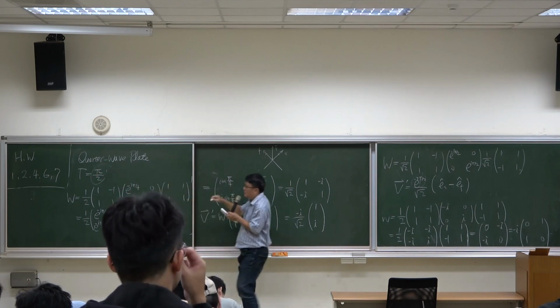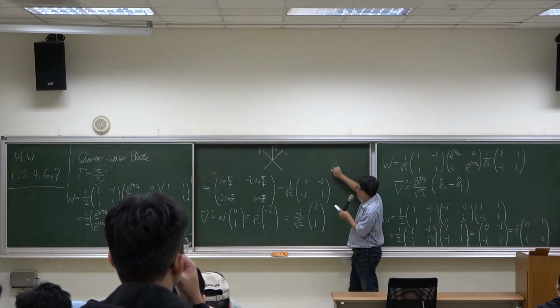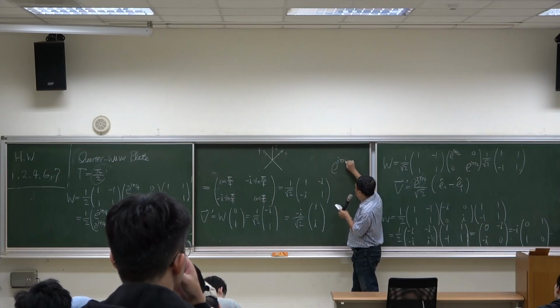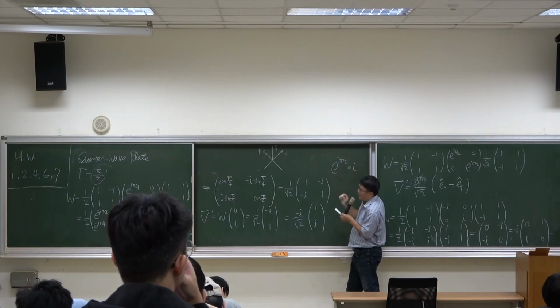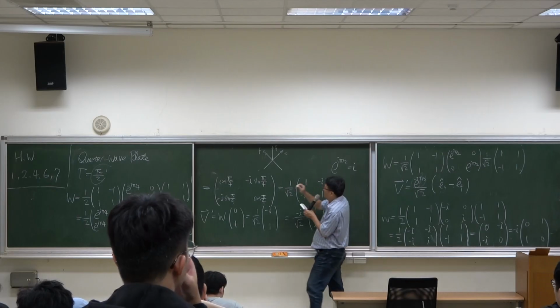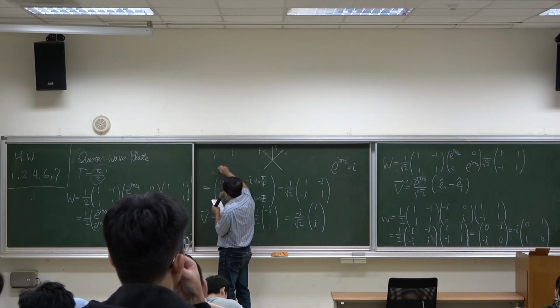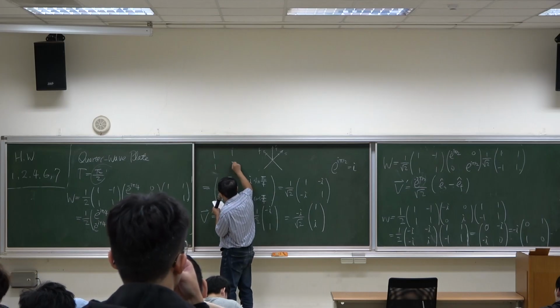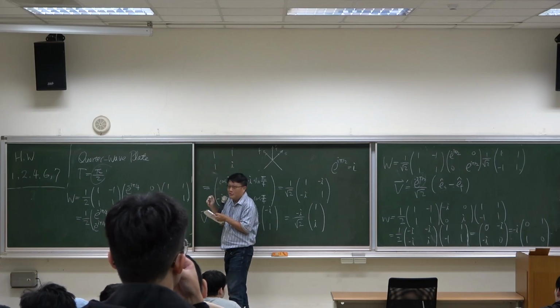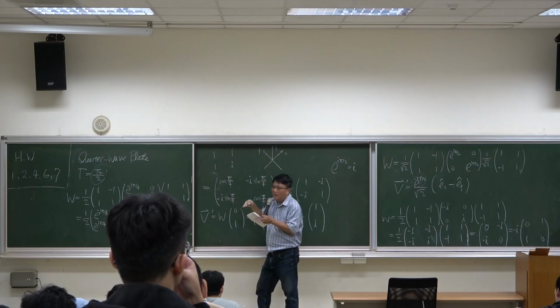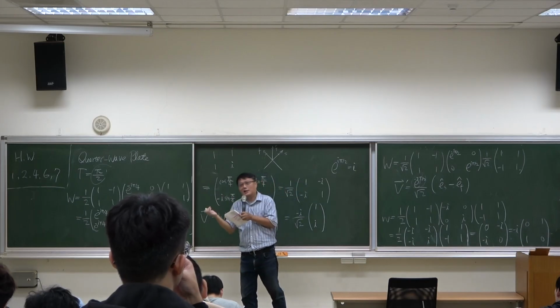Half pi means i. So originally we have phase 1, 1, and finally we have phase 1, i. Okay, so this is just the left-hand circularly polarized light.